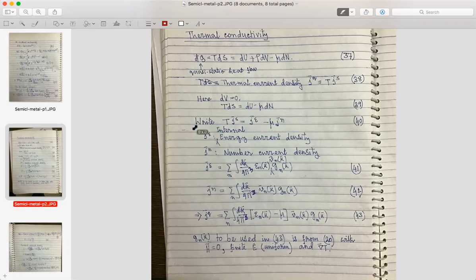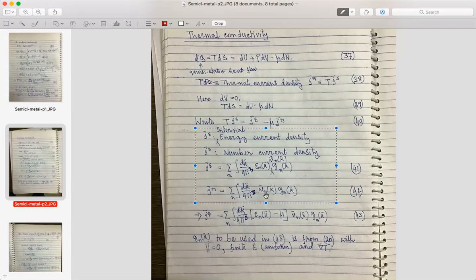Okay, so as I said, these J's are various currents. Now I can write these currents in terms of integrals over the Brillouin zone of various quantities. The internal energy current is simply, for the nth band, epsilon at some k, times vk and the distribution function, summed over all bands.